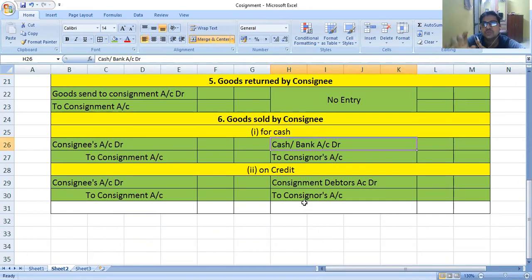Eight entries you should write in your notebook, for the books of consignor and the books of consignee. Unless you write them, you cannot understand the general entry part. After studying the general entries, we will discuss how to prepare ledgers in the books of consignor and consignee.